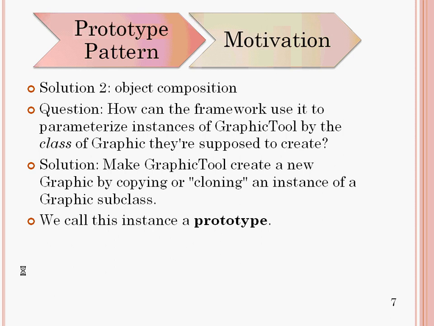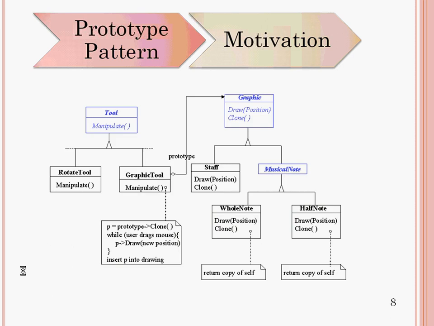So how do we do that? This is the representation. The graphic tool is going to contain a member called prototype, which is of type graphic. The prototype is initialized to the subclasses of the graphic. Whenever required, it could be pointing to staff, whole note or half note, any of them.